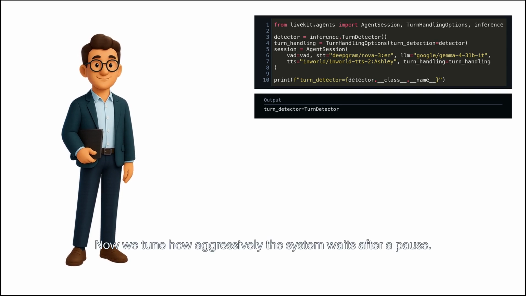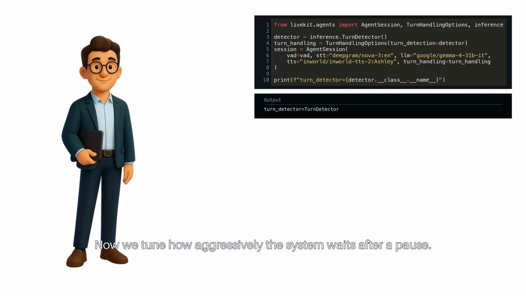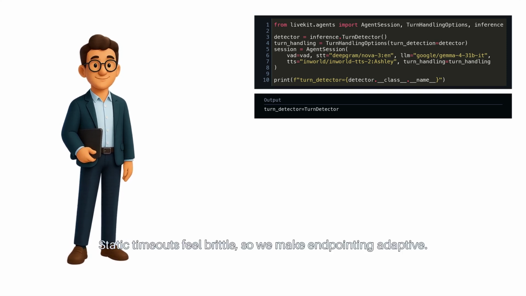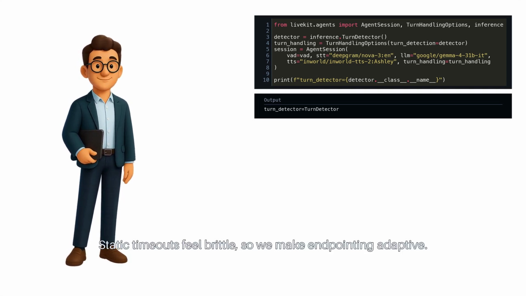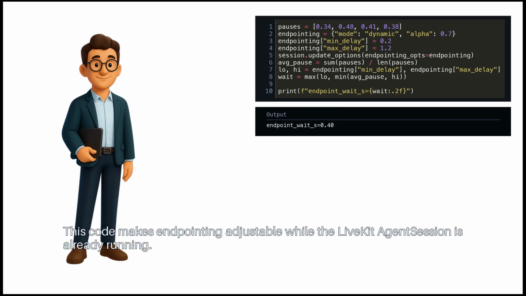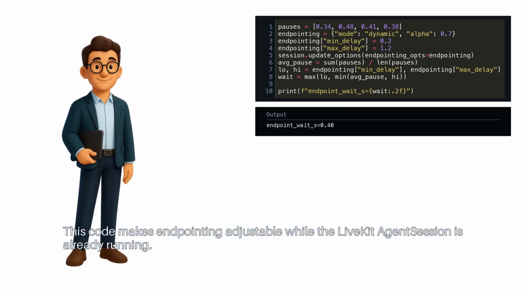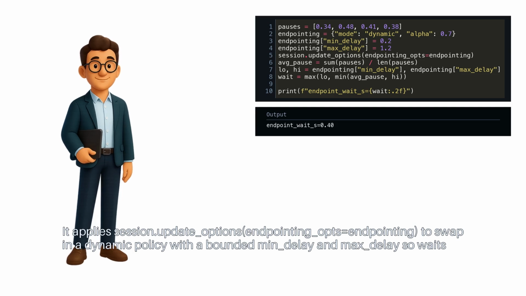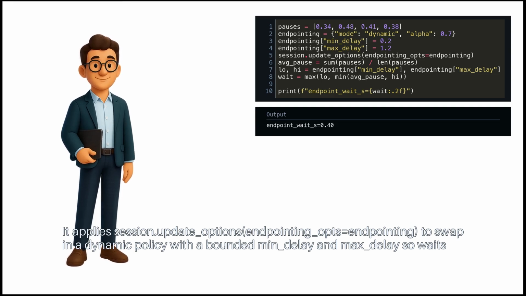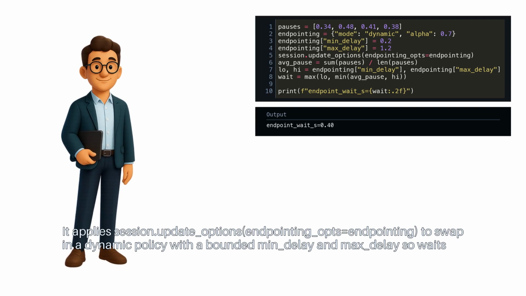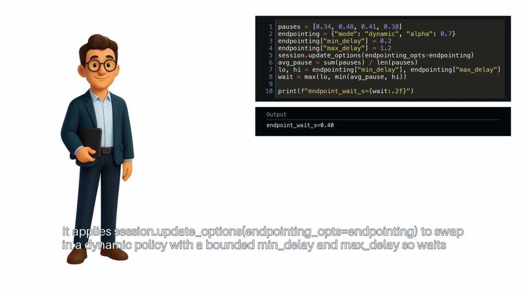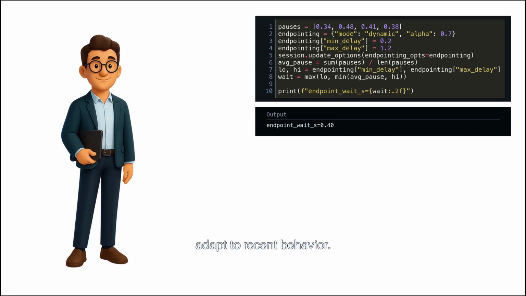Now, we tune how aggressively the system waits after a pause. Static timeouts feel brittle, so we make endpointing adaptive. This code makes endpointing adjustable while the LiveKit agent session is already running. It applies session.update options, endpointing_opts equals endpointing, to swap in a dynamic policy with a bounded min delay and max delay, so waits adapt to recent behavior.